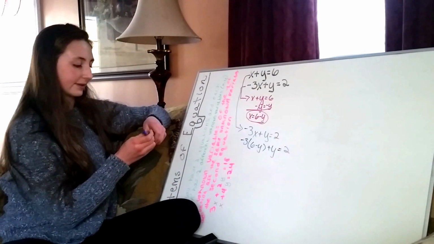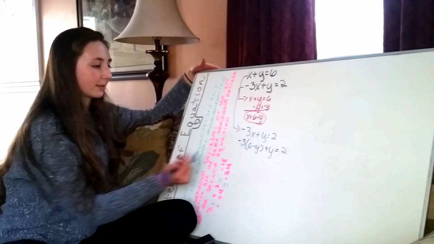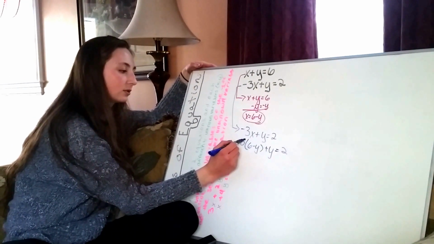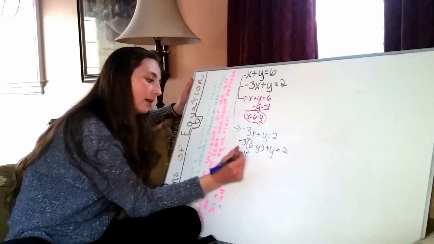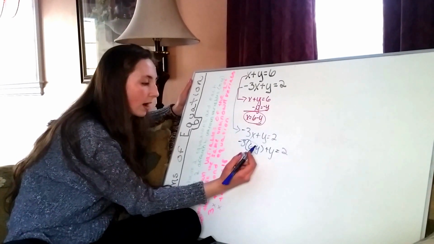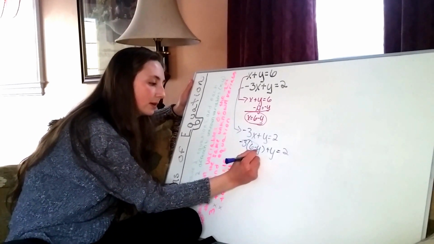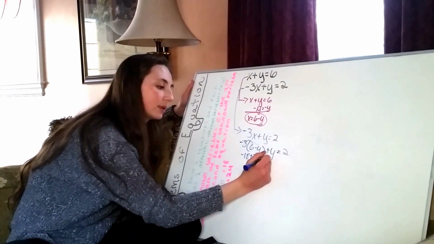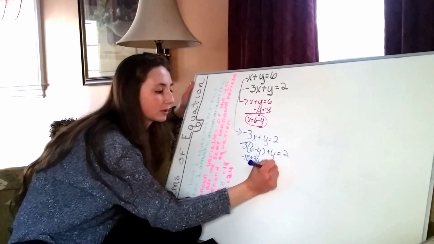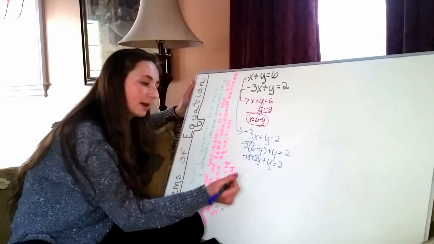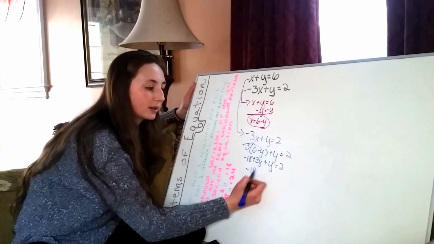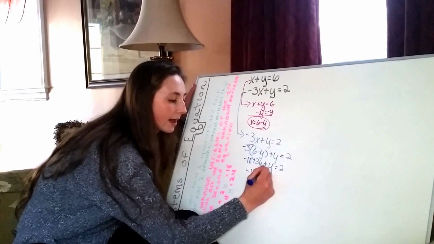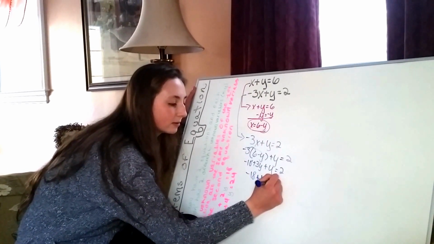So now we're just going to solve this like a regular algebra problem. So we'll distribute this negative 3. Negative 3 times 6 is negative 18. Negative 3 times negative y is positive 3y, plus y, we're just bringing that down, equal to 2. Now we're going to simplify. Negative 18, 3y plus y is 4y, equal to 2.